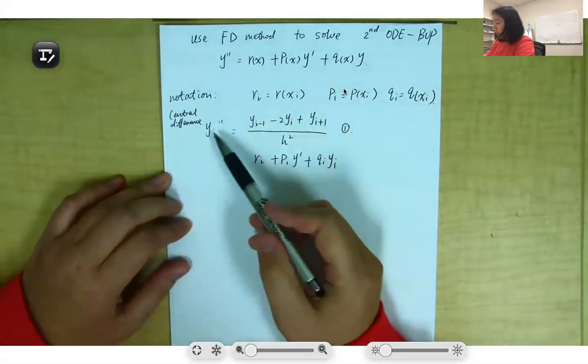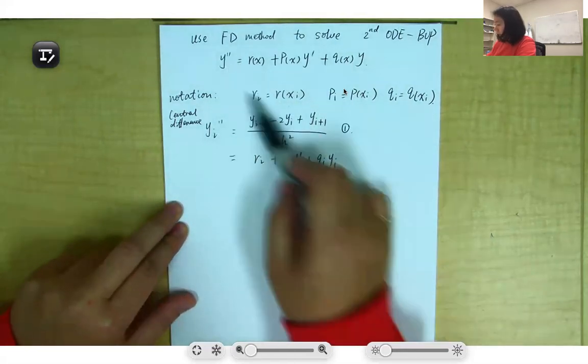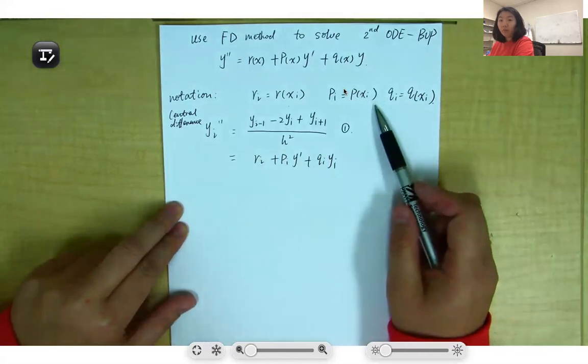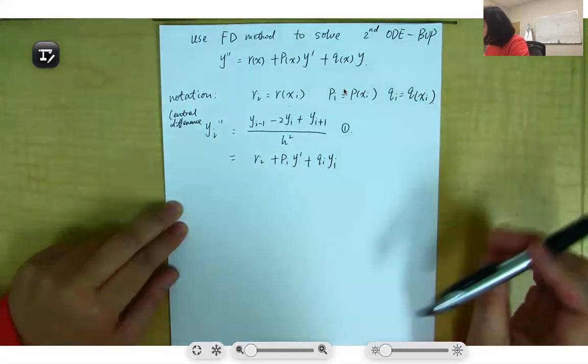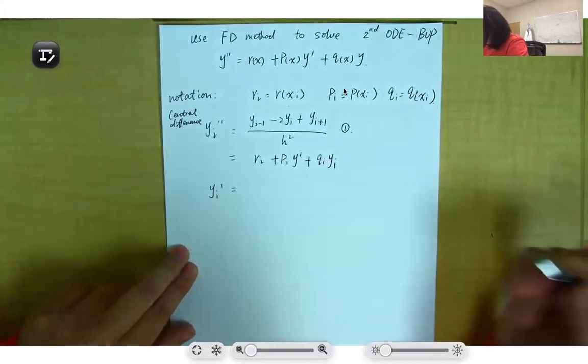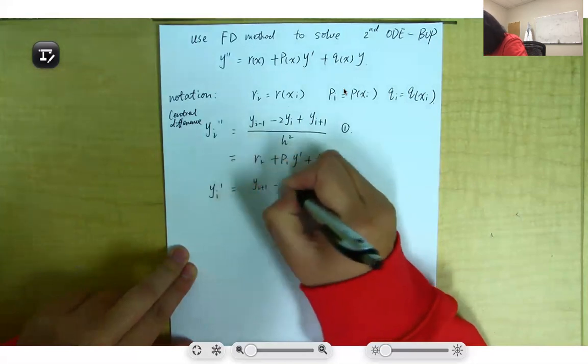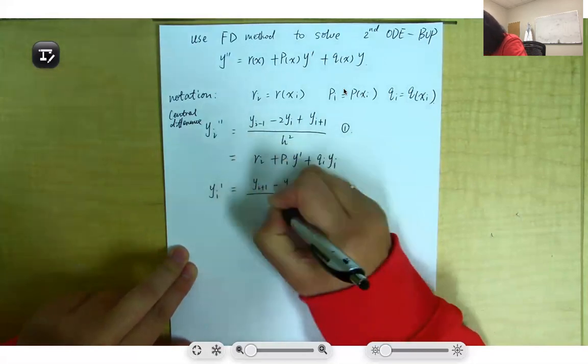That is, y at xi double prime equals these terms based on the second order ODE. Then yi prime will be equal to, using central difference, yi plus 1 minus yi minus 1 divided by 2h, right?